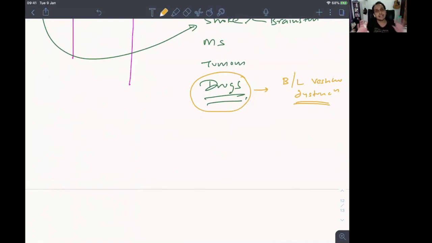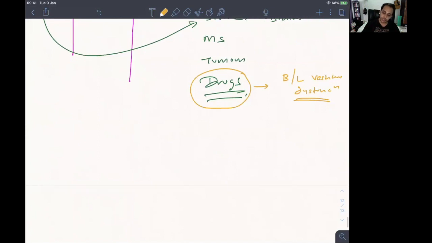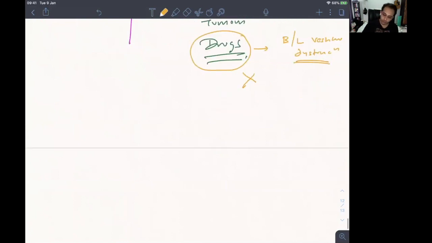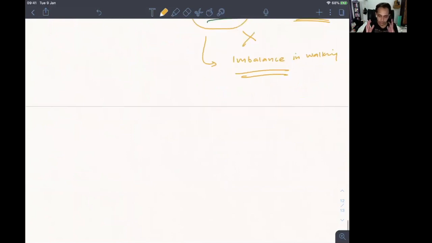So then both sides will be equally gone. Then you will not have all of those issues. You will not have your nystagmus, you will not have any signs of one-sided dysfunction. The main thing you will have is imbalance in walking, which will be bilateral. So that covers our approach to vestibular dysfunction.